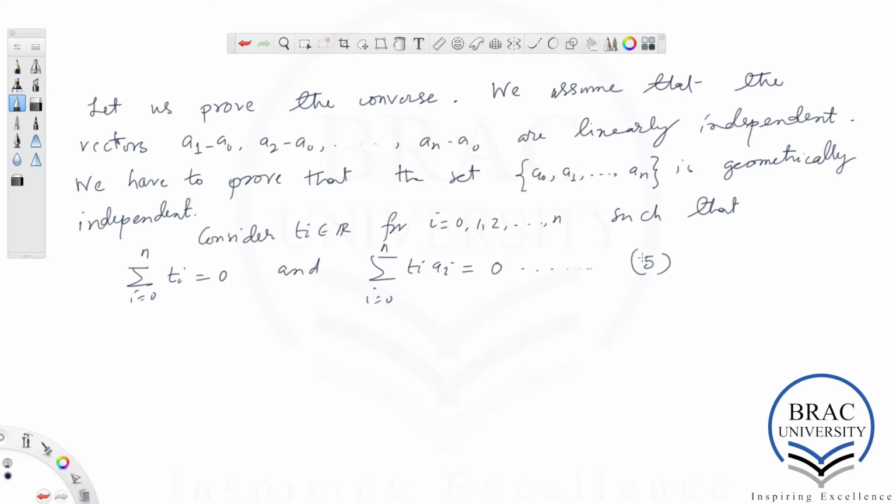So suppose that for n plus 1 scalars, number 5 is satisfied.